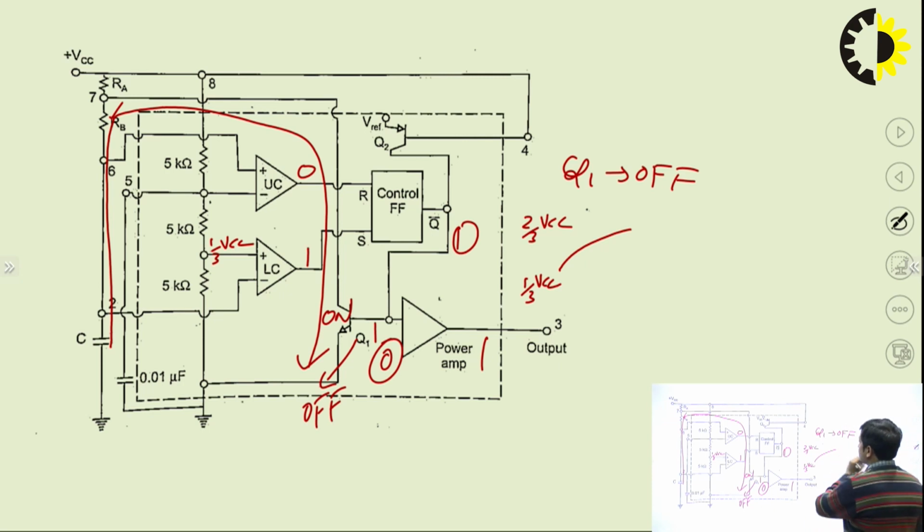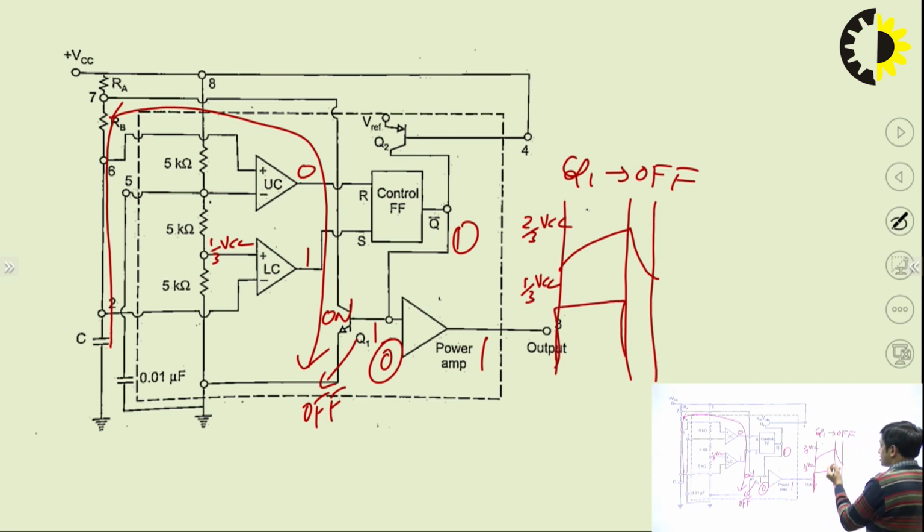And when Q1 is on, the capacitor is getting discharged from 2 by 3 VCC to 1 by 3 VCC. When the capacitor is in charging state, the output is high, and when the capacitor is discharging, the output is low.